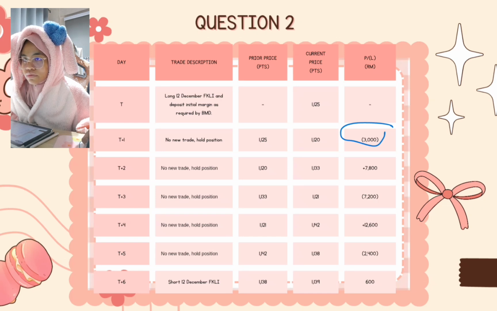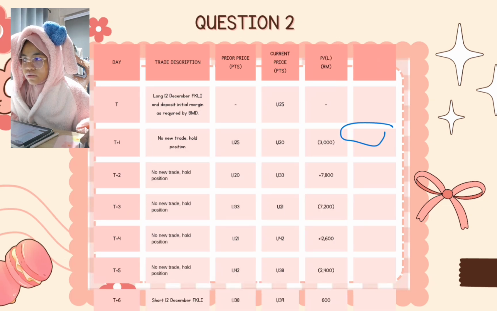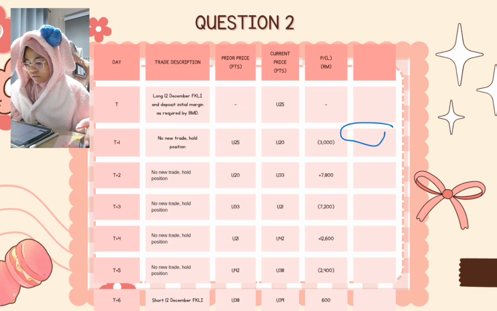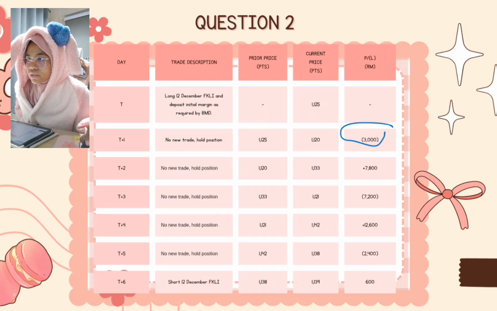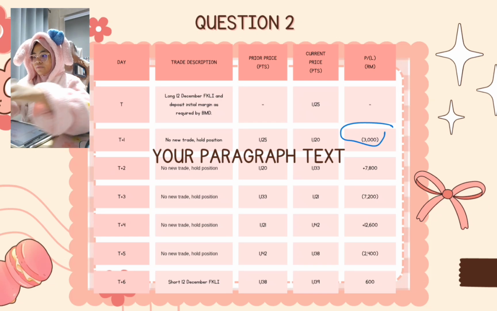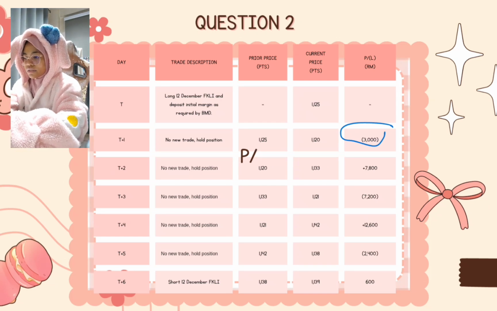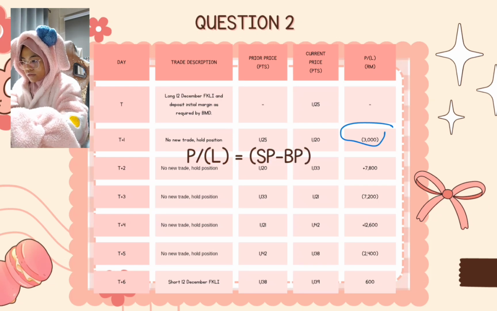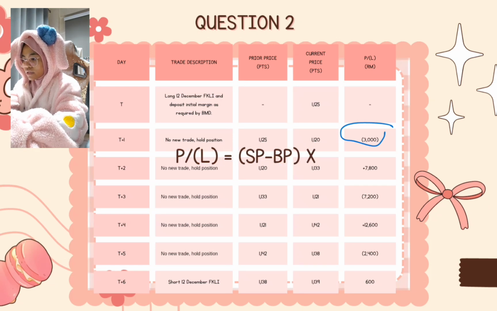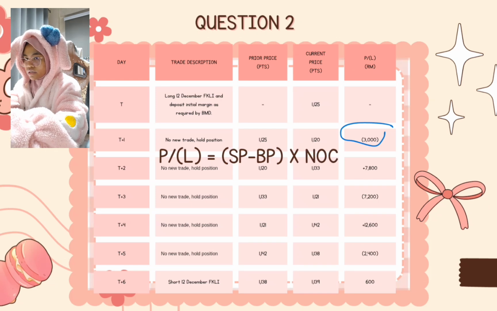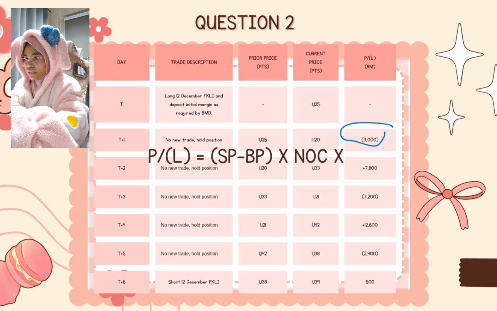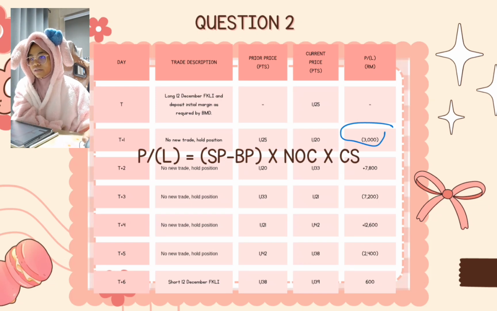Okay, so the formula for profit and loss here is selling price minus buying price times number of contracts times contract size. So this is the formula.